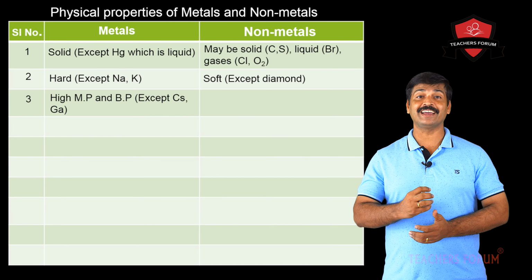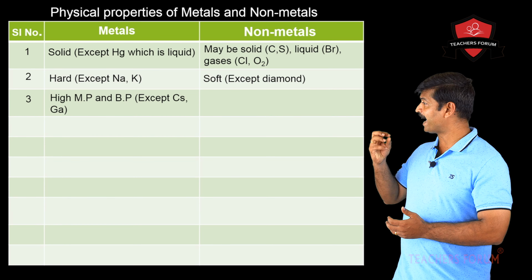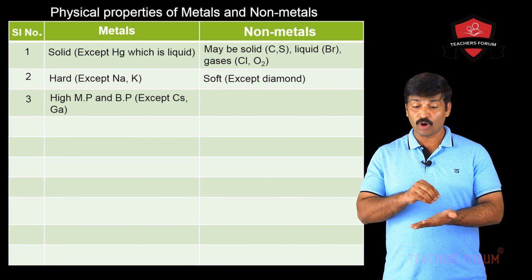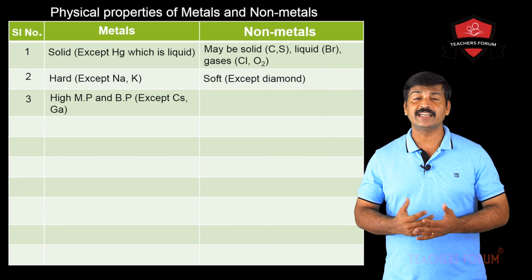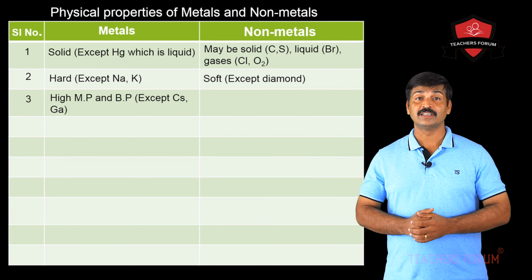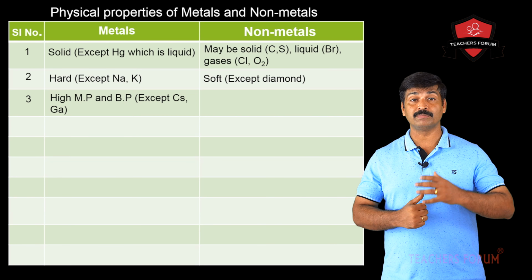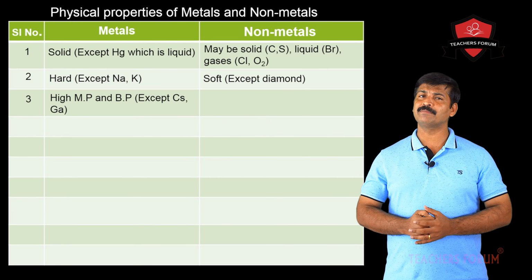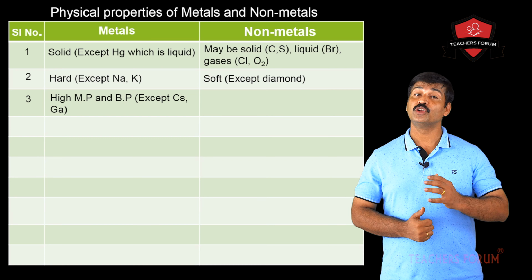If you take a piece of gallium or cesium and keep it in your palm, or keep it outside, it melts. That means though metals show high melting point and boiling point, gallium and cesium have low melting point.